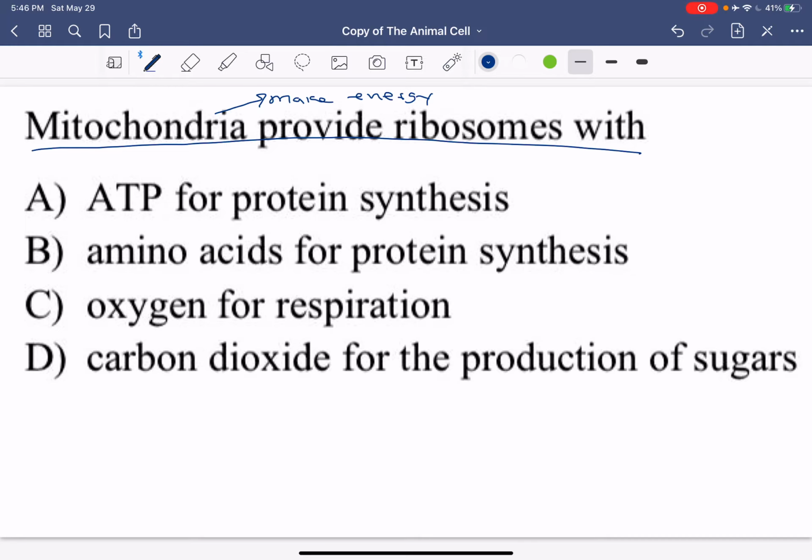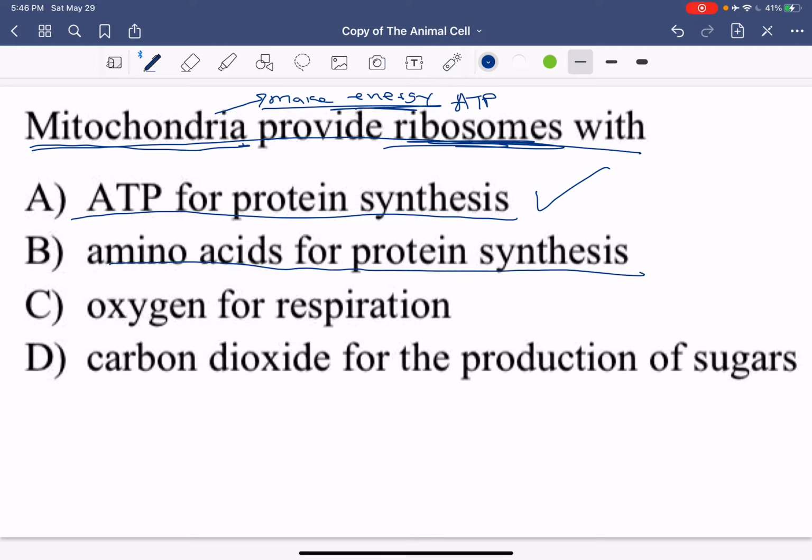So regardless of what it is that they're talking about, you know that the mitochondria's job is to give energy, that ATP energy, right? So let's see what they choose as what they're providing for the ribosome. ATP for protein synthesis. Wow, that sounds great. Amino acids for protein synthesis. Nope. I never said it gives amino acids.